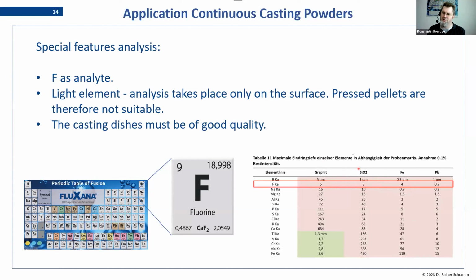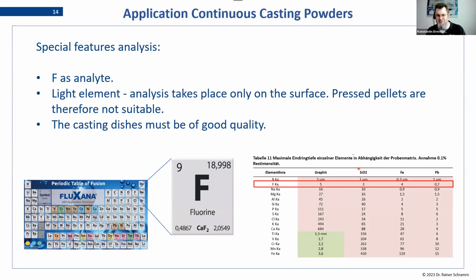You know that the platinum deforms over time, so it has to be recycled regularly, depending on how many fusions you do. And in our laboratory, we stuck to the habit nowadays that we have an extra set of dishes for fluorine analysis.